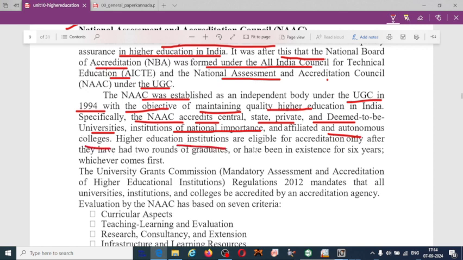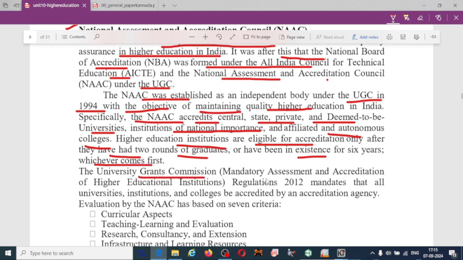Higher education institutes are eligible for accreditation only after they have had 2 rounds of graduates or have been in existence for 6 years, whichever comes first.